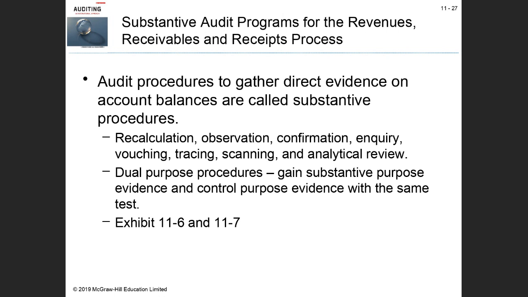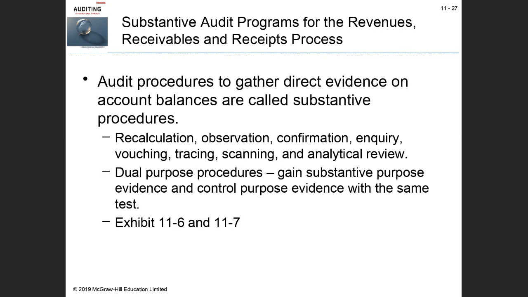Going on to PowerPoint 27, it says the audit procedures to gather direct evidence on the account balances, sales, accounts receivable, are called the substantive procedures. Again, we talked previously about what the substantive procedures are. We recalculate data, we observe, we confirm accounts receivable. We inquire, we ask management.